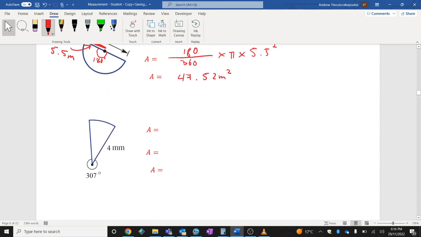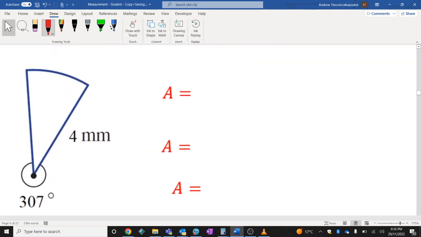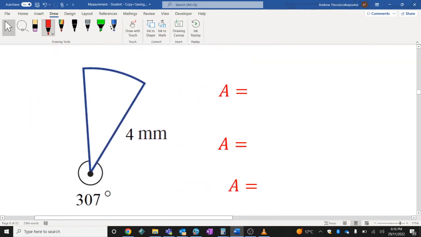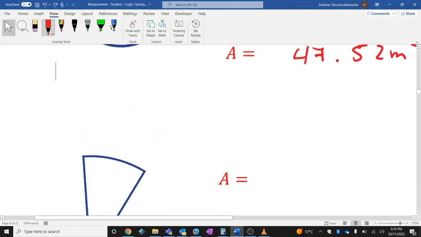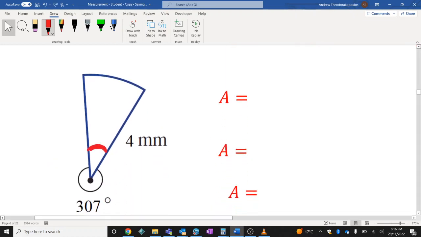Cool. Now, this one, again, slightly trickier. Don't be fooled. Don't think that the theta is 307. We want to know the theta inside the slice of pizza. So if a whole like this all adds up to 360 degrees, then the little part inside here is going to be the missing number that makes it 360.